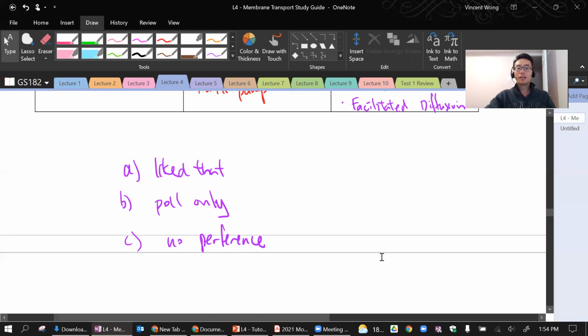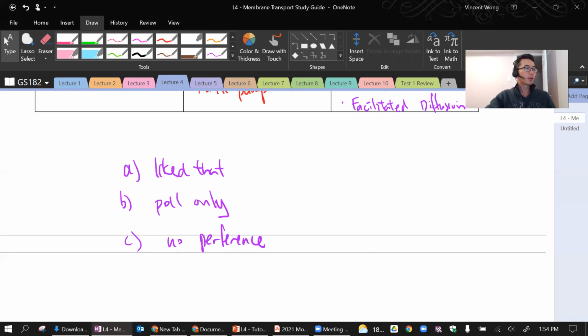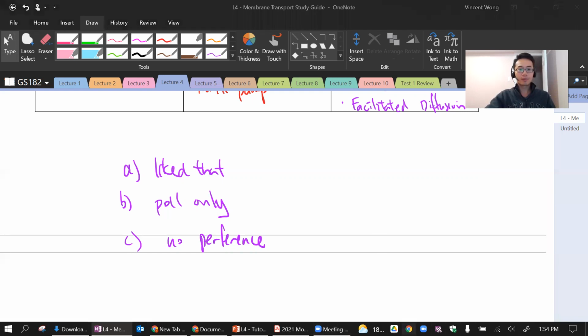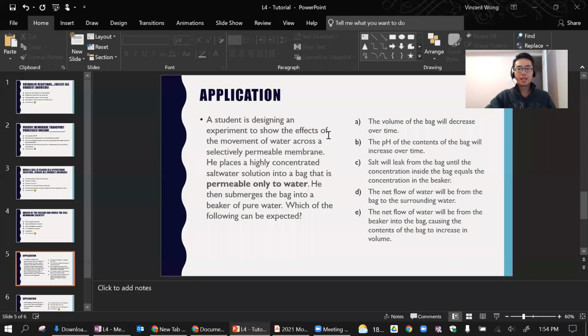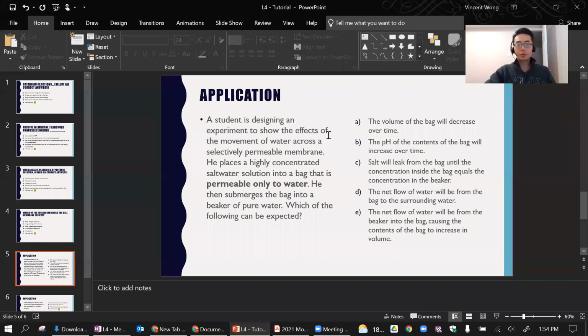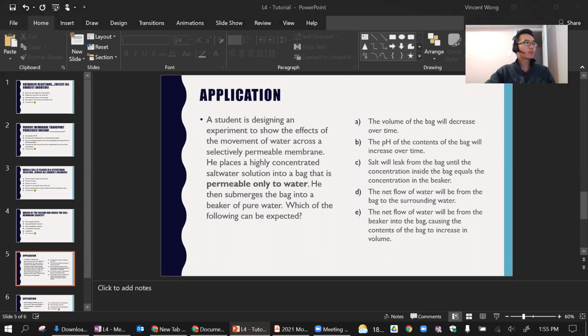Now comes the results part. Anybody want to share some of what they discussed in the breakout room for this particular question? What is the correct answer for the first one? And for those of you who do not want to share, you can just choose the answer that your group has agreed upon for the first question.